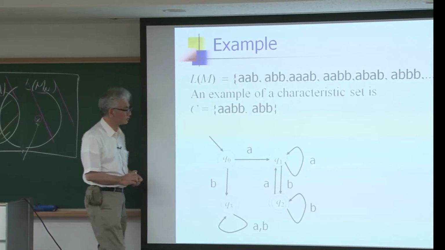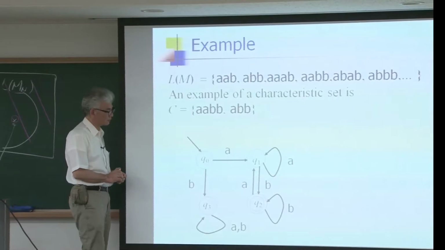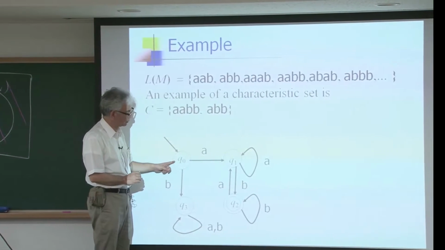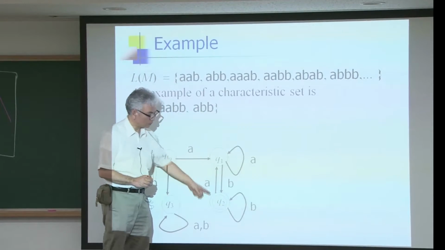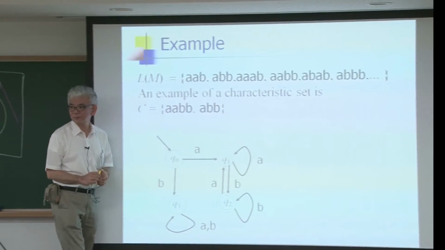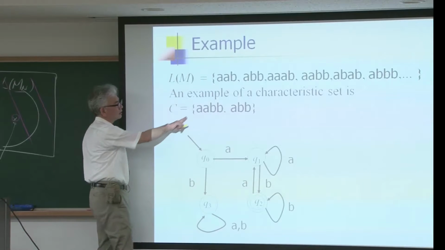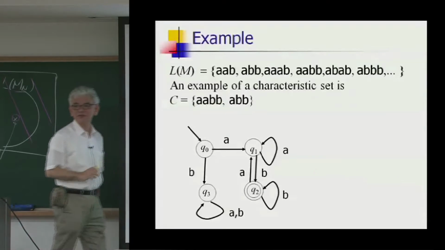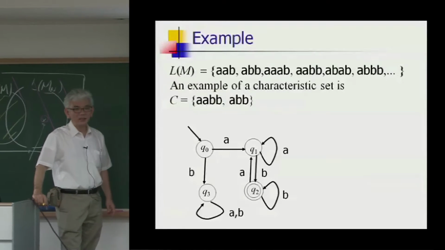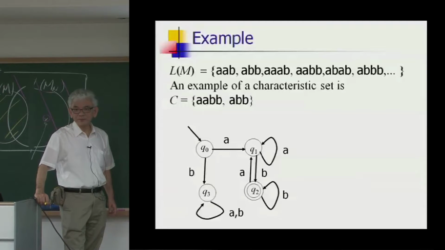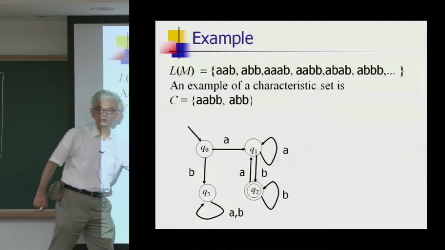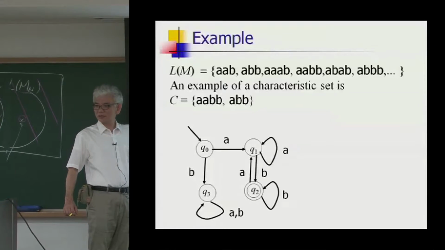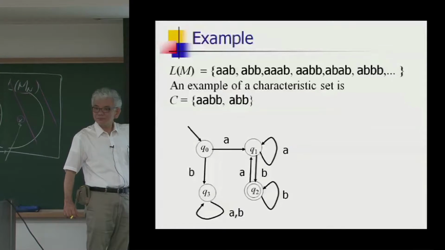And the second one is that we have several transitions from here to the final state. And in this characteristic set, every transition from the initial state to the final state must appear as a bigram.